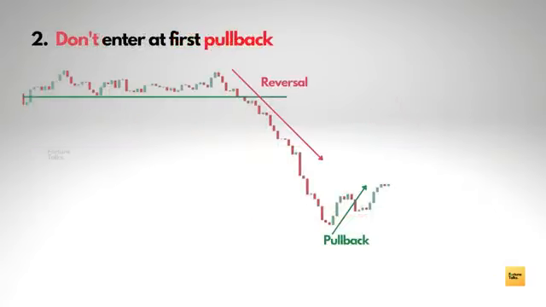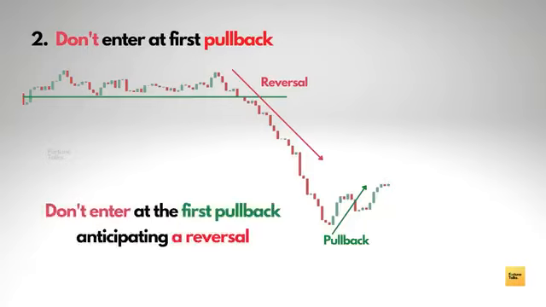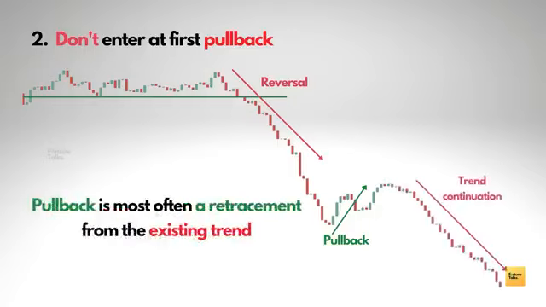The second mistake that traders make is entering the first pullback, anticipating that it will be a reversal. This is a common mistake, that is attempting to trade the first pullback itself. This means that you go long when you see the market rally after a huge decline. But often this type of rally is only a retracement of the existing trend.